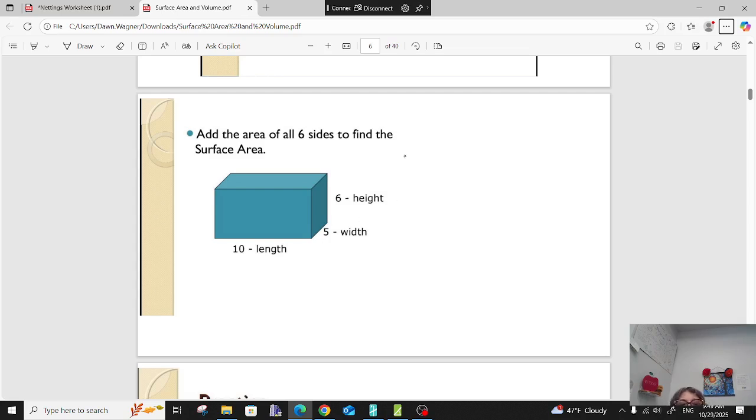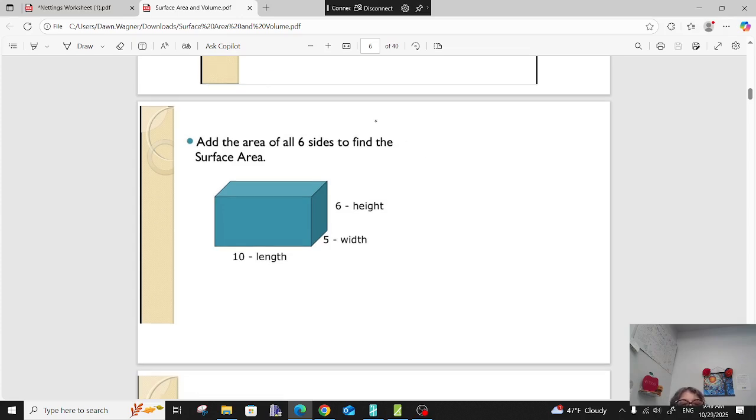Okay. I have six rectangles. Two of them are 5 by 6, right? Two are 10 by 5.